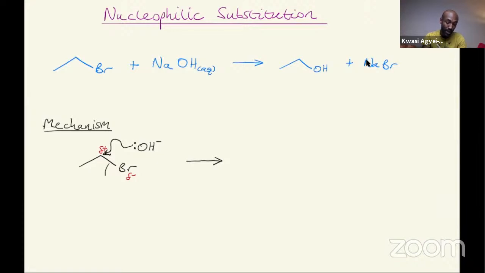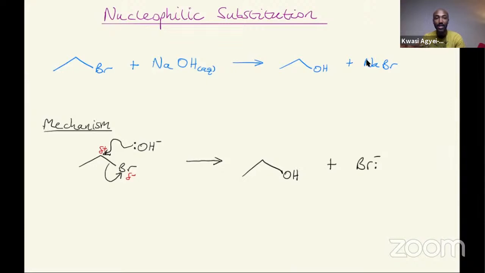So, a curly arrow from the middle of the C-Br bond to the bromine atom, and this of course leads to our product, the OH group being bonded to your carbon to give you ethanol, and the bromide ion being formed as our leaving group.